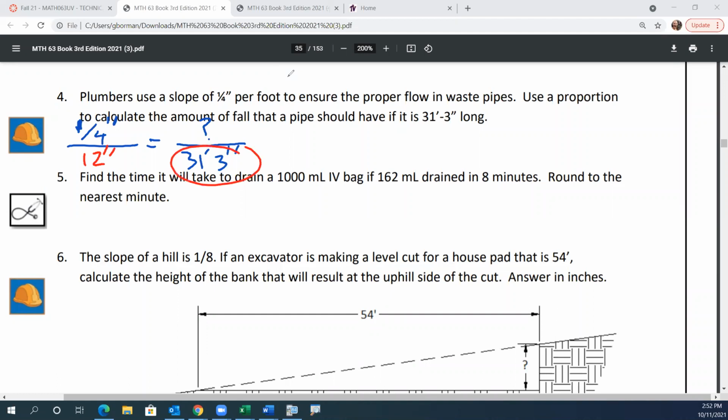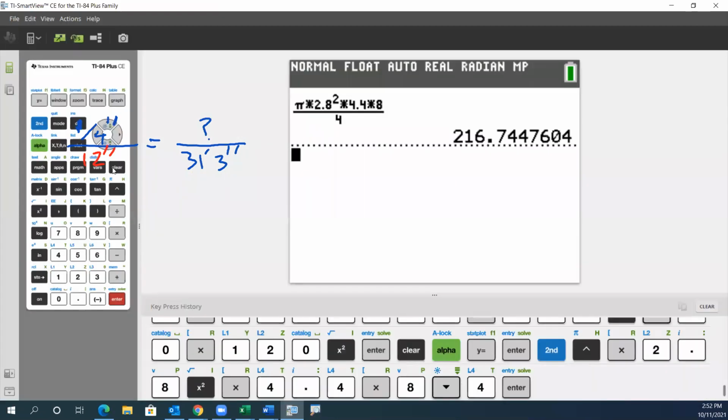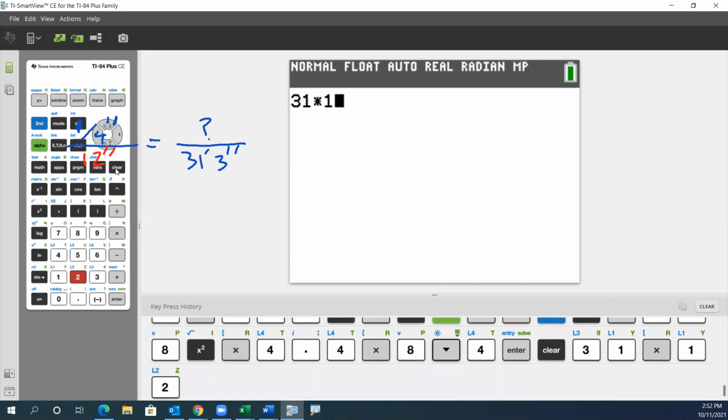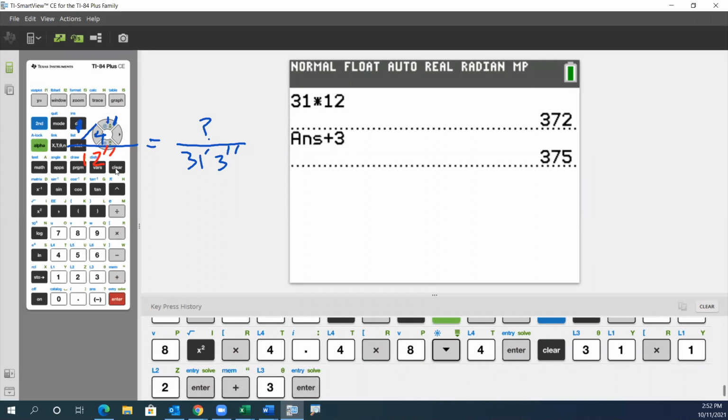And then this guy here, that's 31.3. Tell you what, why don't we just go to the calculator? Okay. So 31 feet is going to be 31 times 12 inches. And then we have to remember to add on that other 3. So 375 inches.